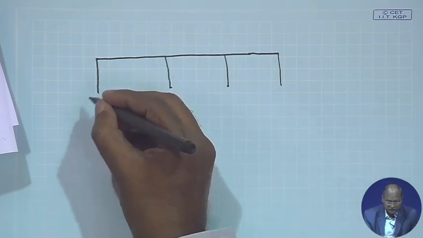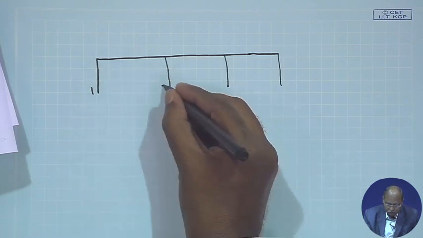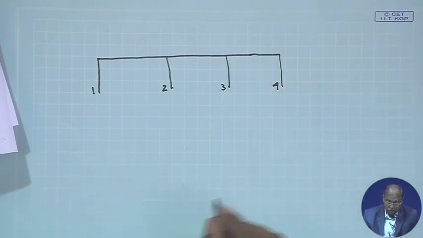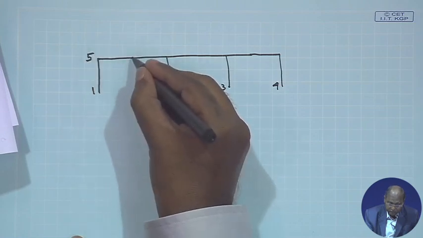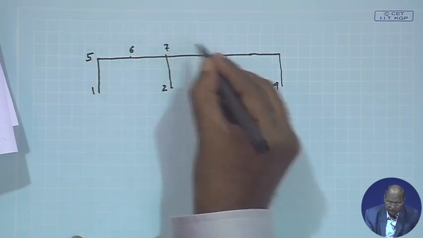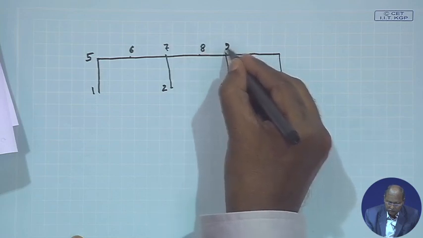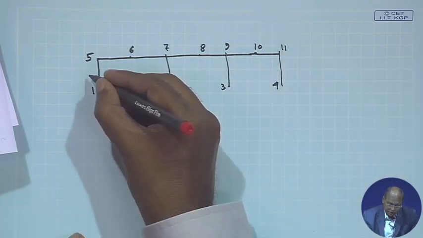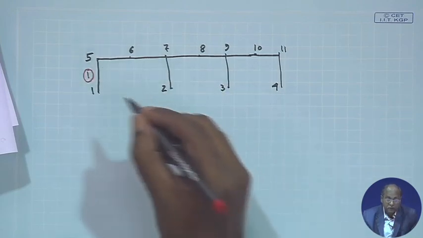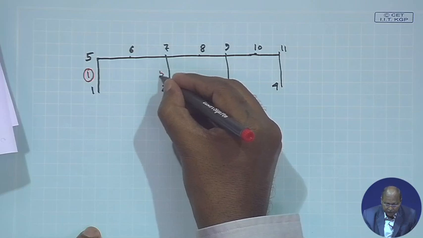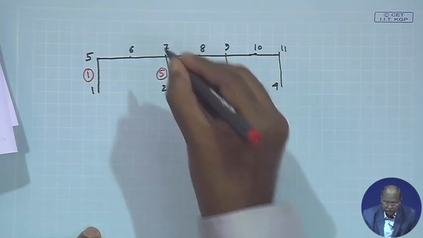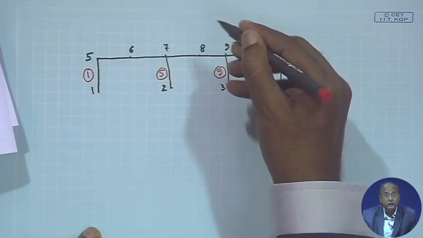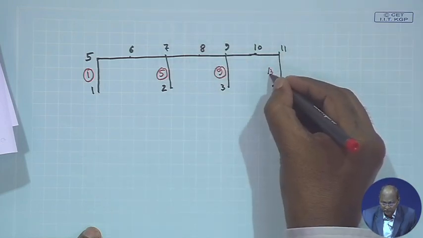So, this particular one, this is your node number 1, 2, 3, 4, 5, 6, 7, 8, 9, 10, 11, and element number 1, then 2, 3, 4, 5, 6, 7, 8, then 9, 10, 11, 12, then 13.